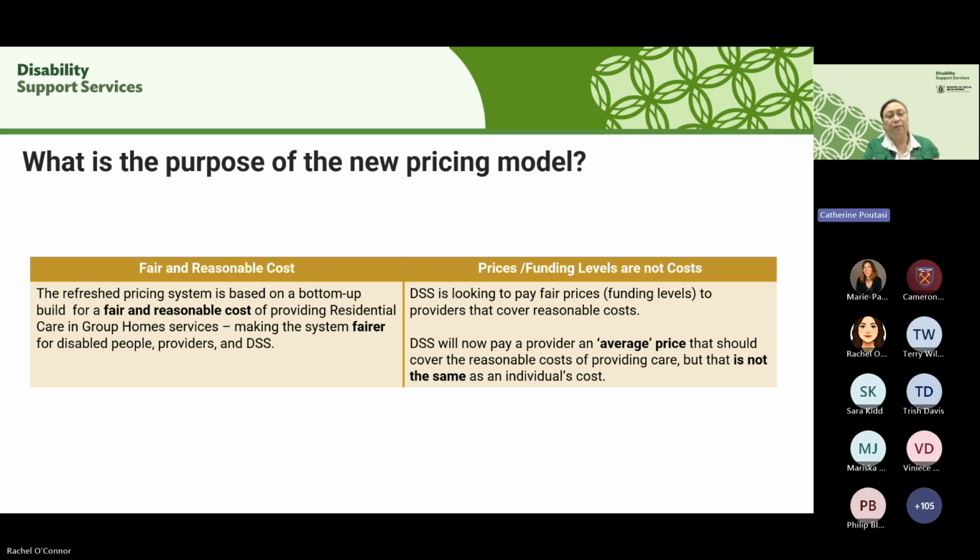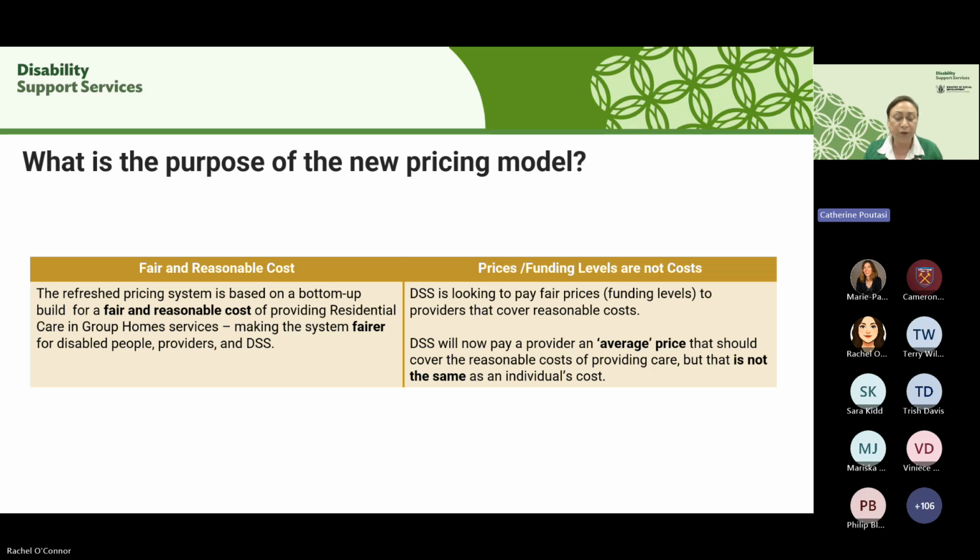I also wanted to touch on the purpose of the new pricing model. So you'll remember that our funding has grown from 1.2 billion in 2015-16 to 2.7 billion in 2025-26. Residential care funding has grown about 10% in each of the last 5 years.